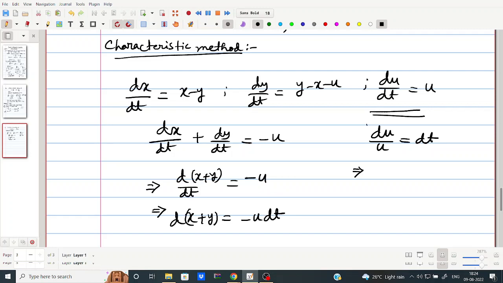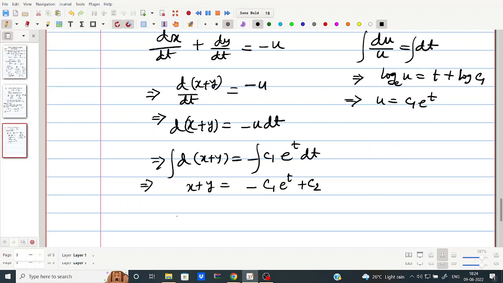So u is c1 e^t. Putting this u here, I get d(x + y) equal to −c1 e^t dt. Now I integrate both sides and get x + y equal to −c1 e^t + c2.